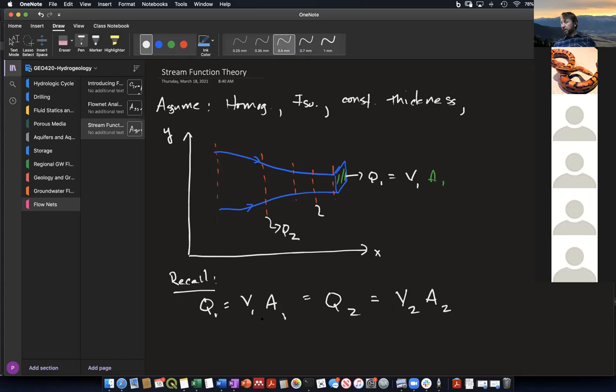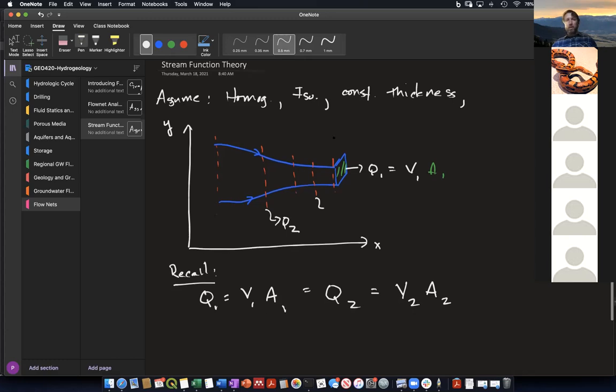So let's remember that this has this dimension B in and out of the board, which is the thickness of our aquifer. And the other unit that defines our cross-sectional area is delta phi, which is the distance between my two stream tubes.